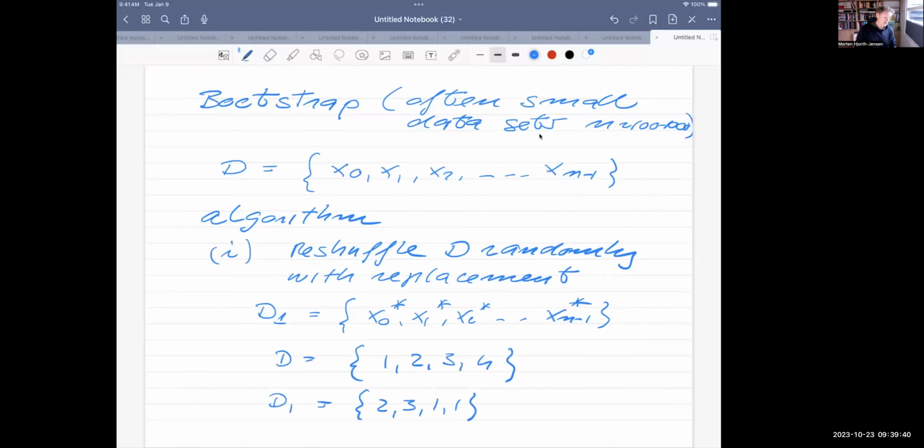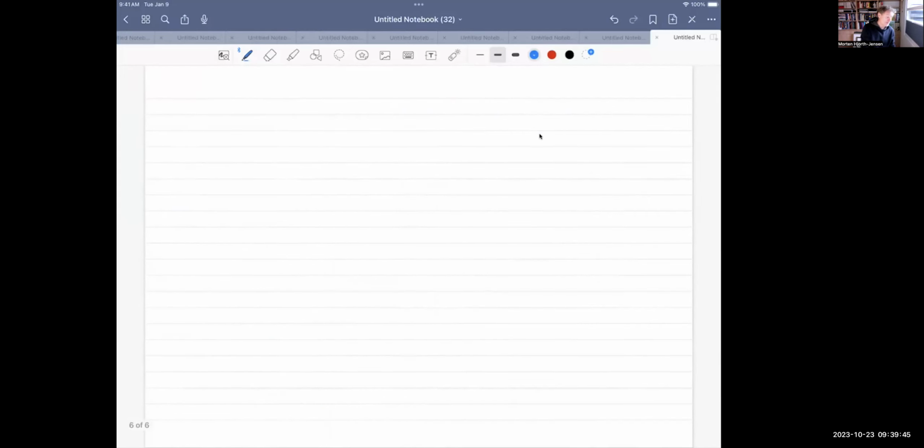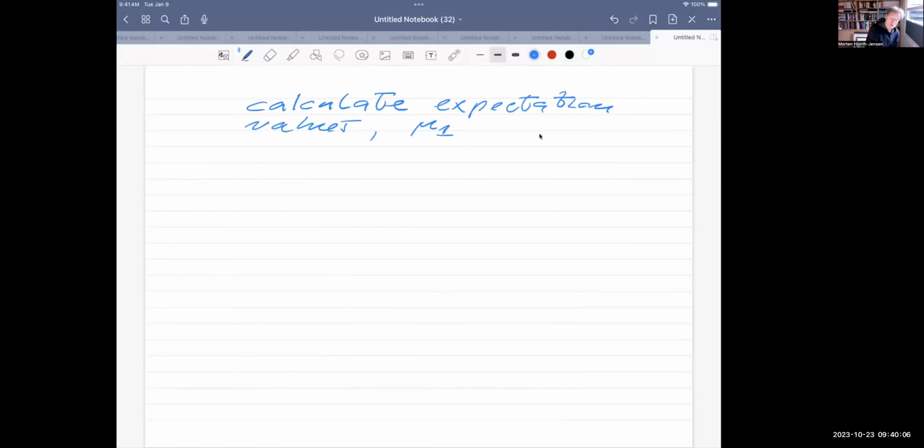But the thing is now that you produce a new data set, and when you have produced this data set, then you would calculate expectation values. In this particular case, what you could do, for instance, is to calculate the mean, which we call mu1.